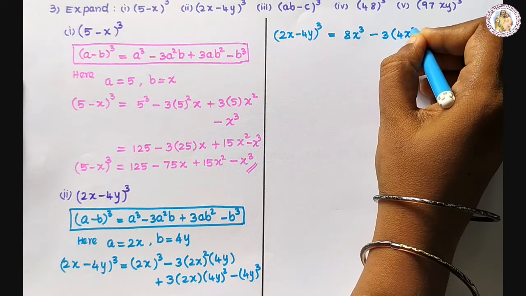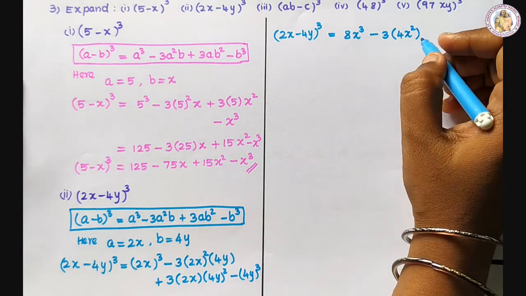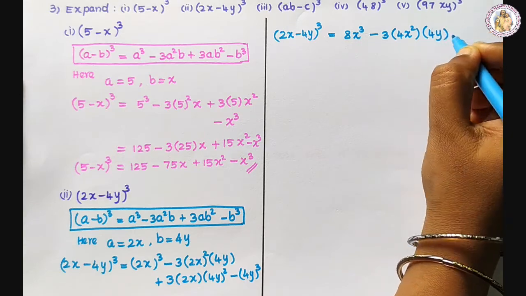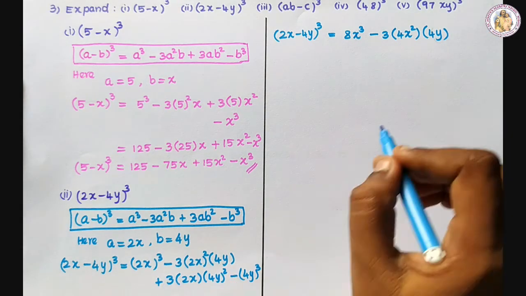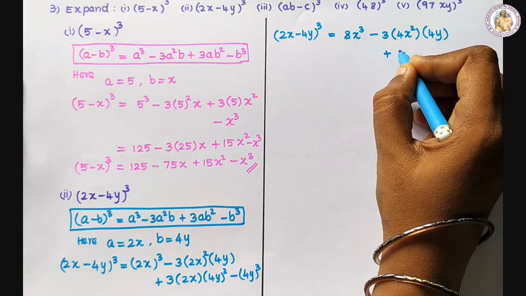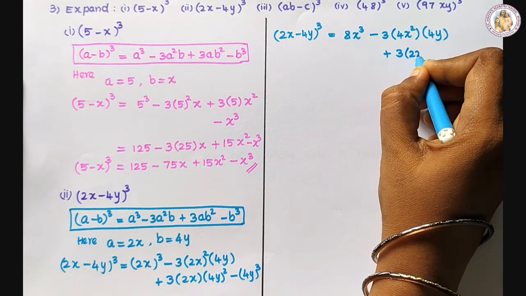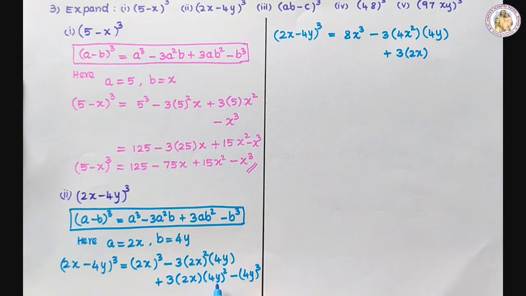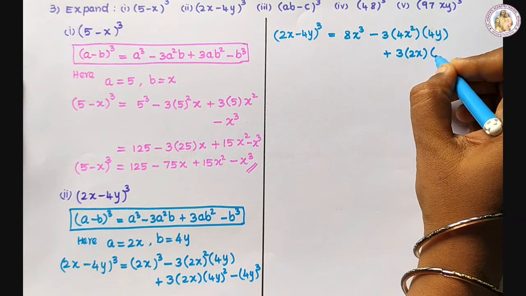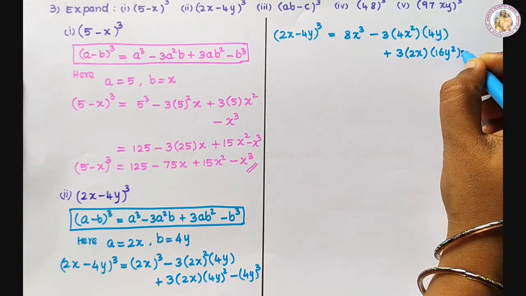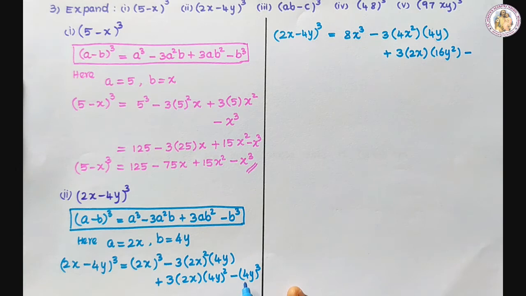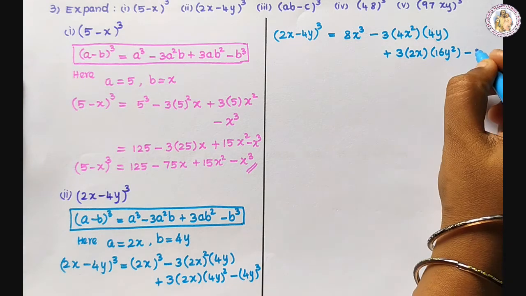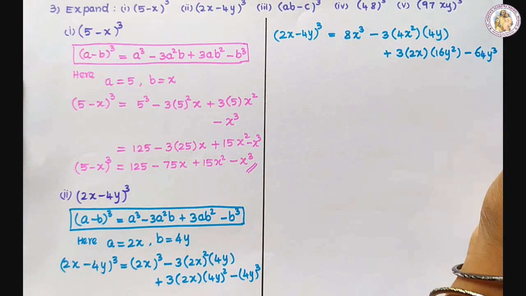So 4 x squared into 4y, plus 3 into 2x, here square the number 4y, 4 4s are 16, y squared, minus 4y the whole cube, cube means 4 4s are 16, 16 4s are 64 y cube.